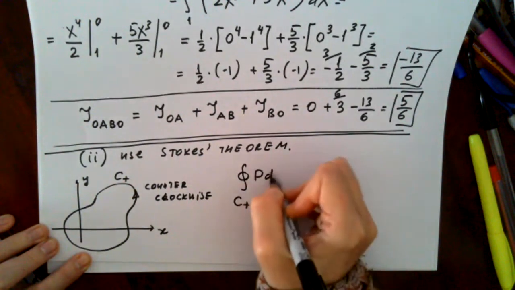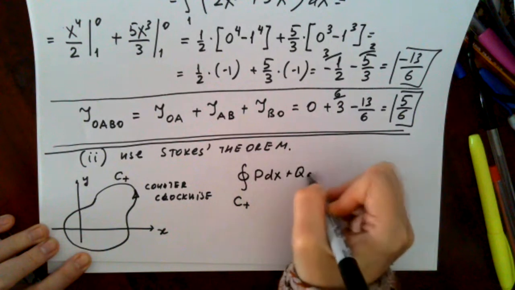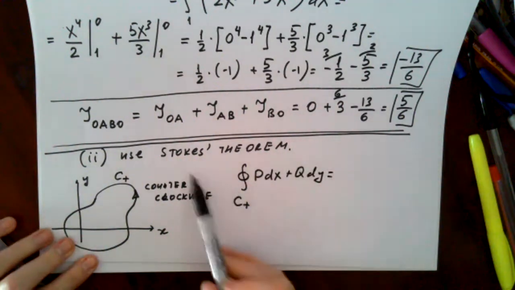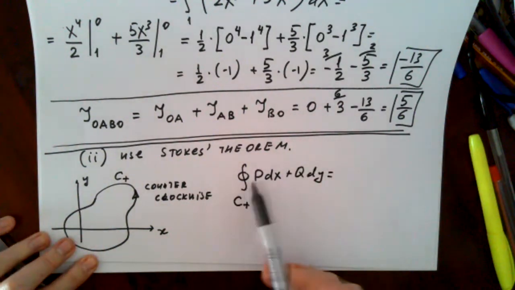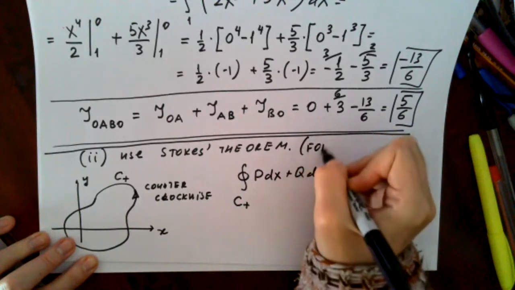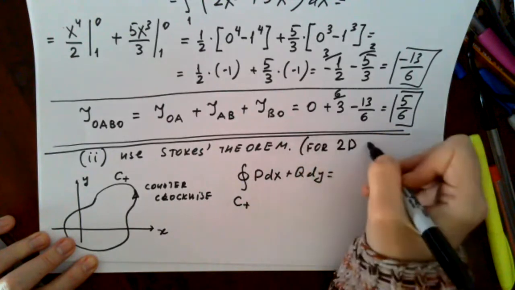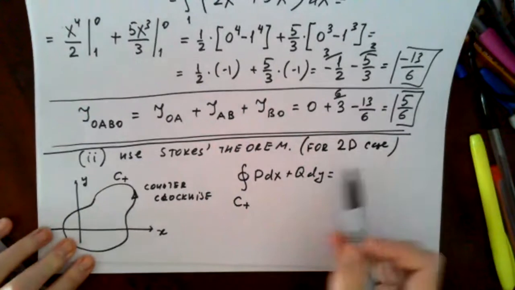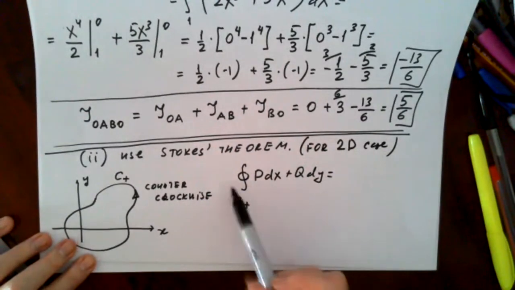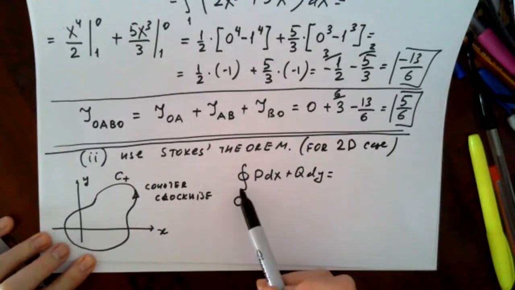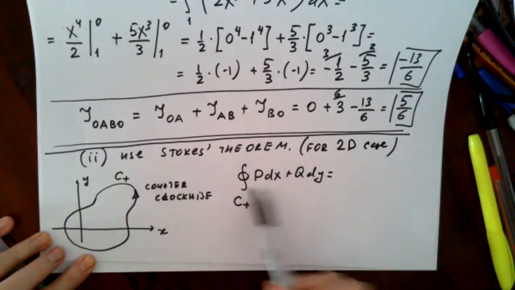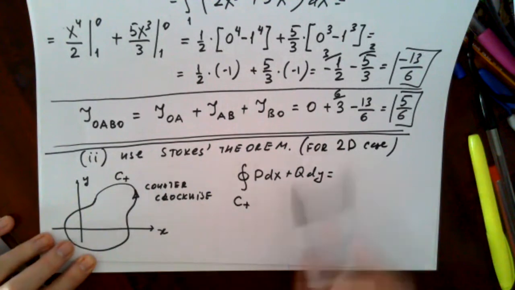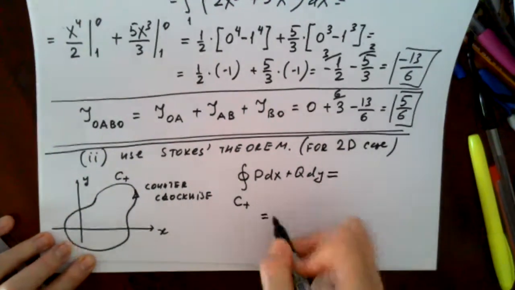Sorry, and the integral itself looks like this. So this is actually a particular case of the Stokes theorem for the 2D case. I want to point it out to you. It's only for the 2D case, because in general in the 3D case, Stokes theorem looks much more serious, much harder. This is the particular case only for a 2D field. Okay, so how can it be calculated?